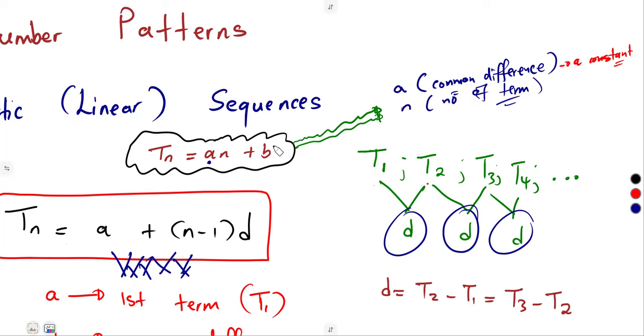So b, in the normal presentation, is the y-intercept if it is a graphical presentation. In this case, we are not going to give any meaning to it. But the question is, we must determine that value of b.